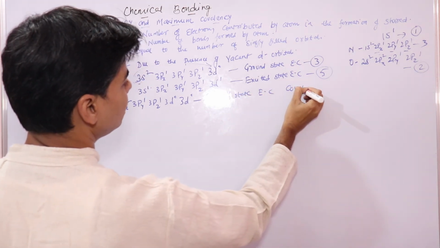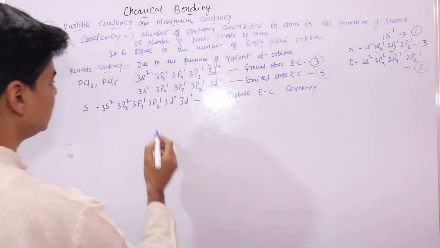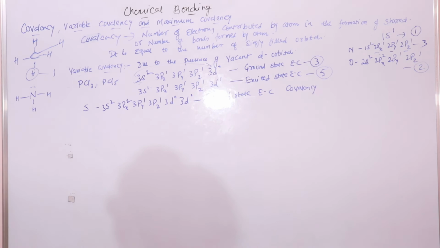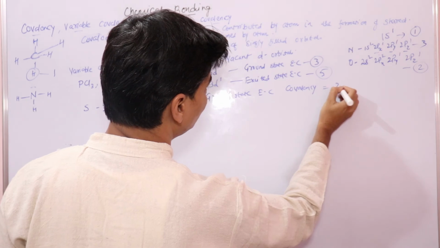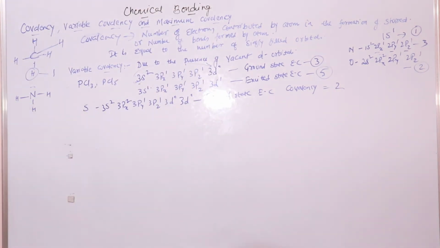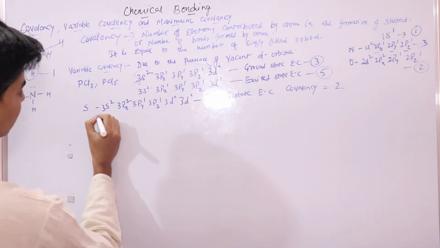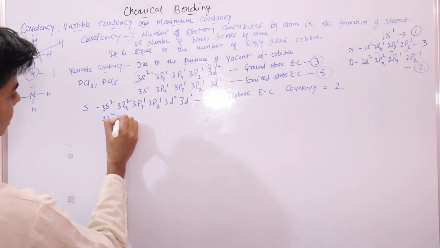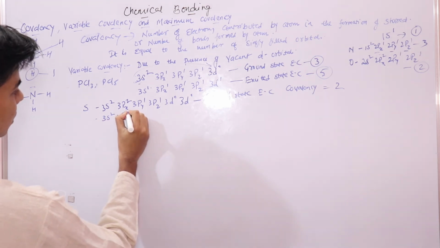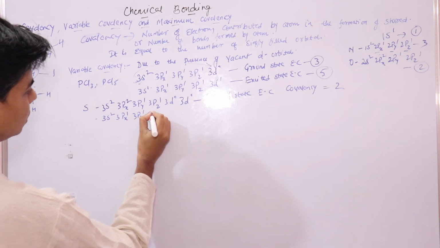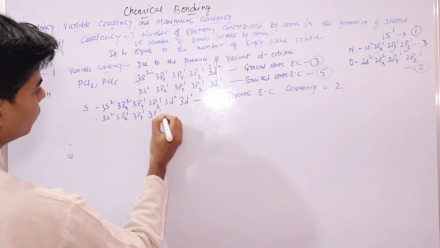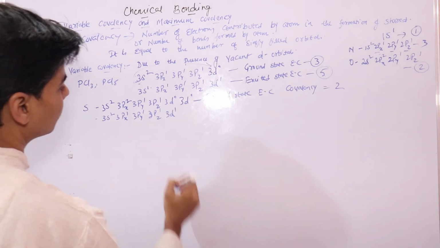That has covalency equal to the number of half filled orbitals, 1, 2, right? In the first case, the covalency is 2, right? Now, we can transfer one electron from p orbital to d orbital, right? This would be 3s2, 3px1, 3py1, 3pz1, 3d1, right?